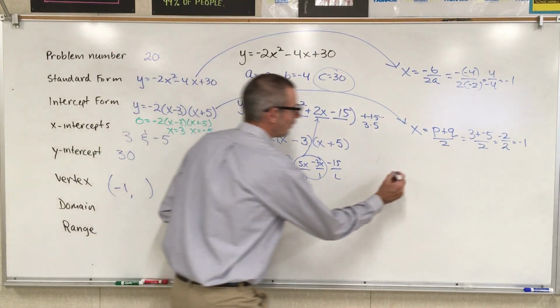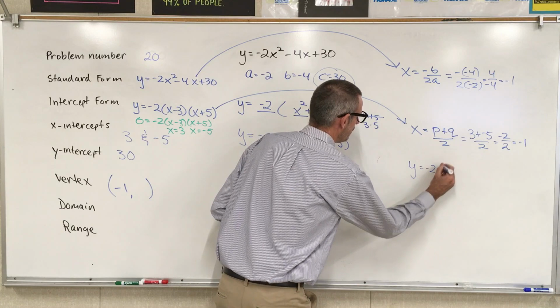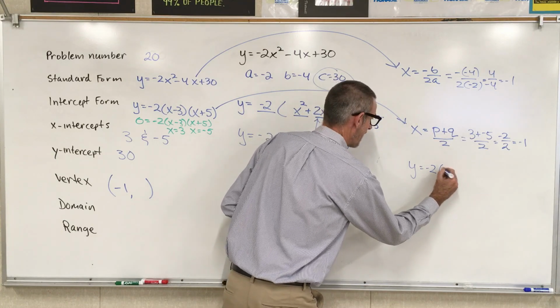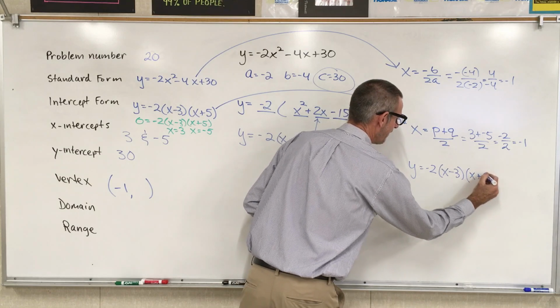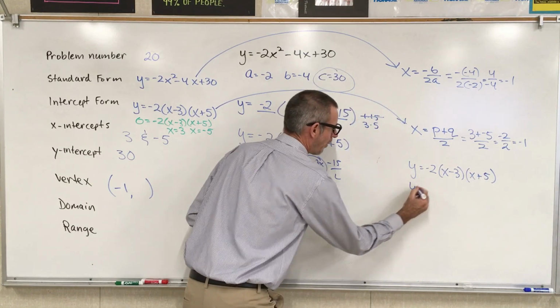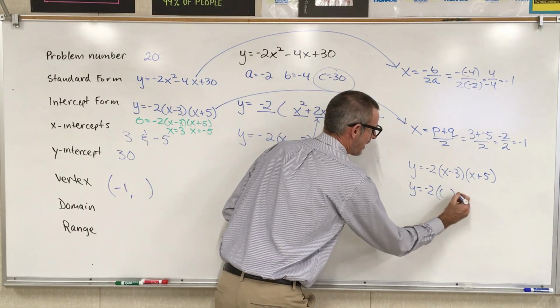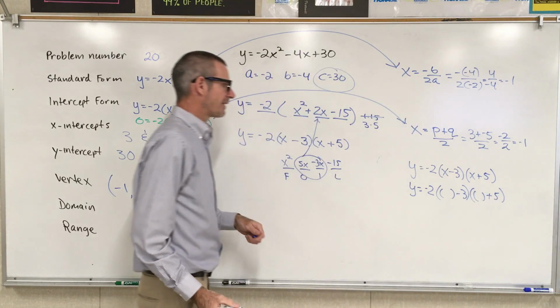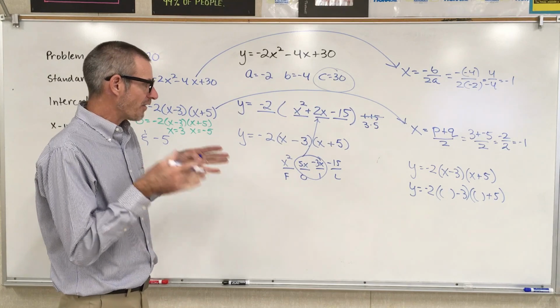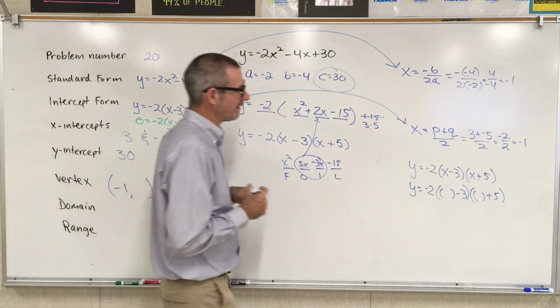I'm going to use intercept form this time. So I have y equals negative 2 times the quantity x minus 3 times the quantity x plus 5. And now I write y equals negative 2, empty bracket minus 3, empty bracket plus 5. And I'm going to substitute in my x value where the x's are in the equation.